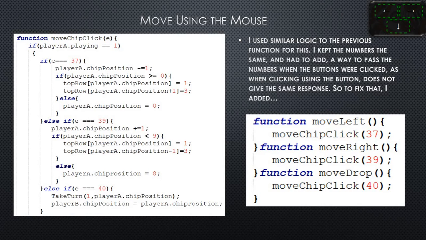To keep the logic the same with the numbers 37, 39, 40, I manipulated the code so it just checks for those numbers: when we click left, we pass in 37, 39 to move right, and 40 is the drop, and we keep everything in that portion the same.